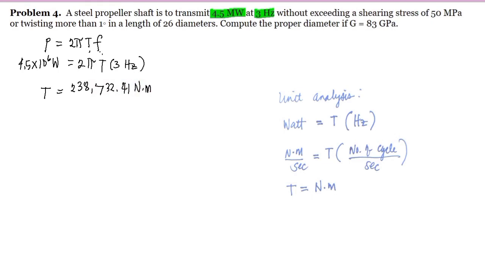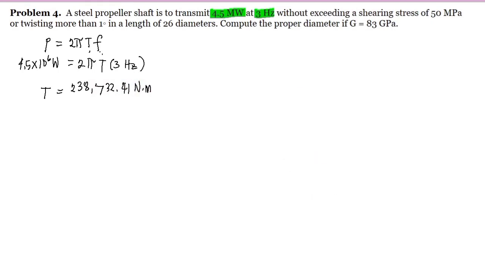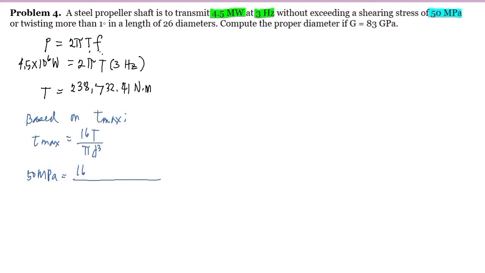Now, if we are going to compute for the diameter based on the maximum allowable stress, the maximum allowable stress is equal to 16T over pi d cube. Since given in the problem, the maximum stress is limited to 50 megapascal, we have 50 megapascal is equal to 16 times the torque.